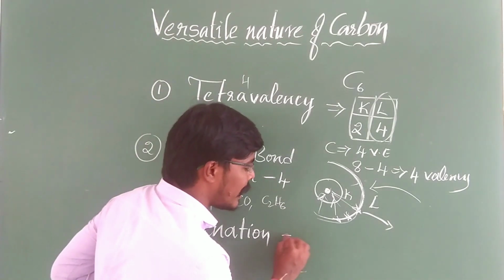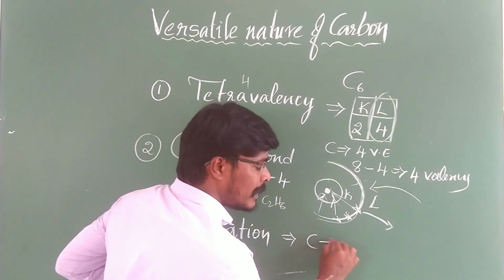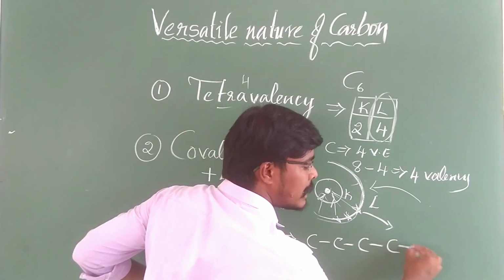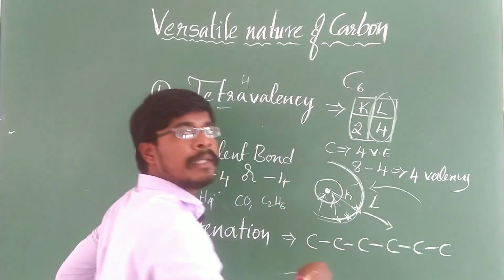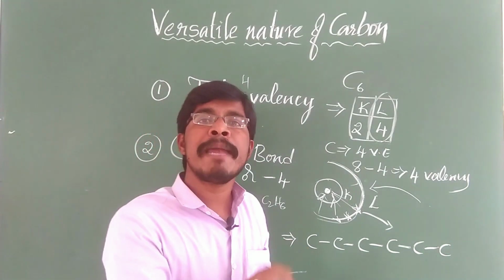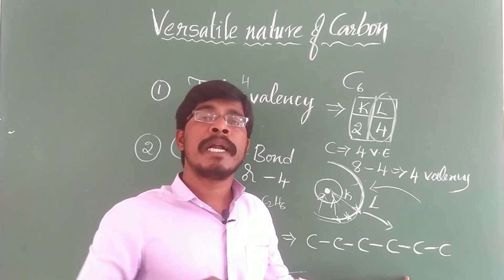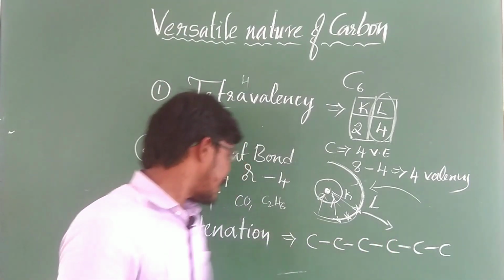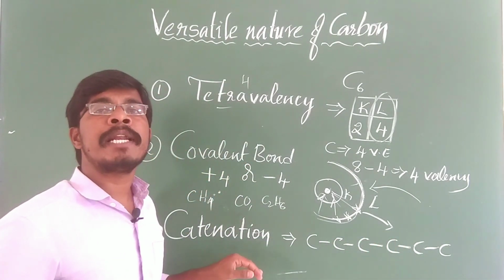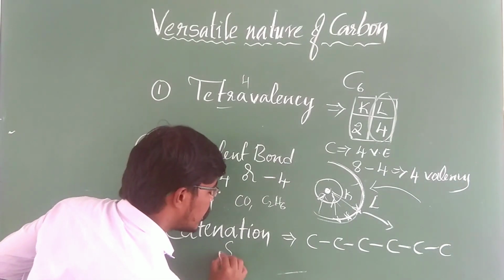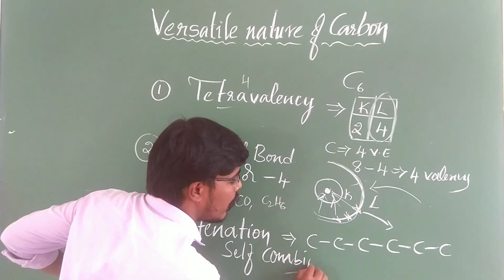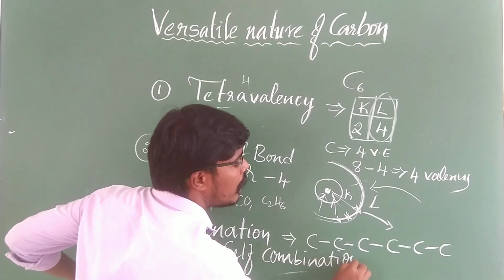For example, look here: carbon with itself, another carbon, again with another carbon, and so on, they combine together. They combine with the same kind of carbon atom and form a long chain. This property is catenation, which is called self-combination of carbon atoms to form a long chain.